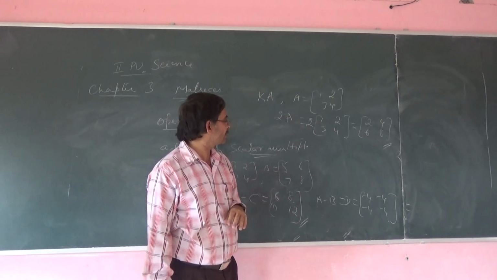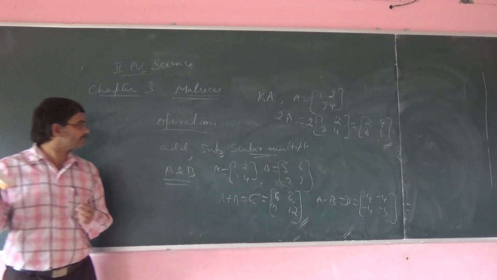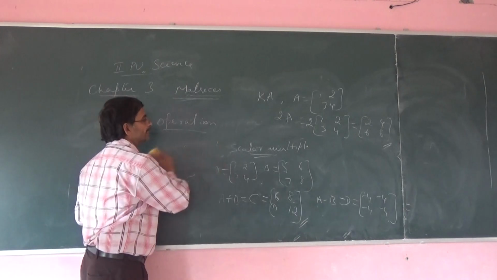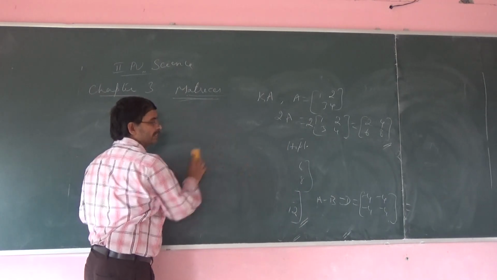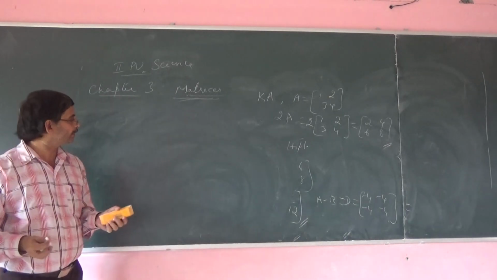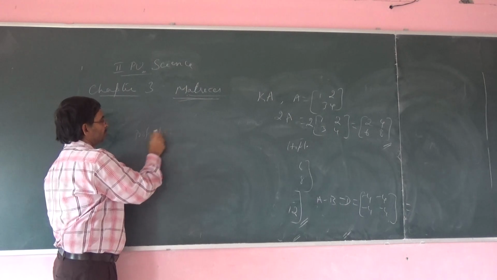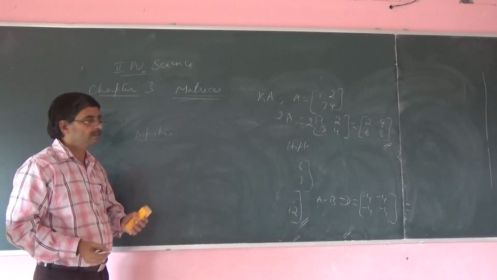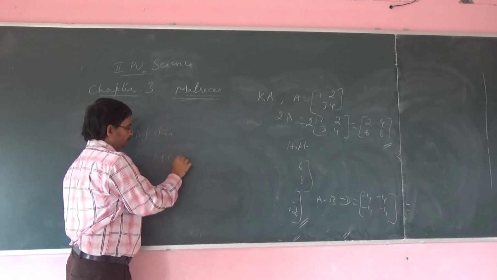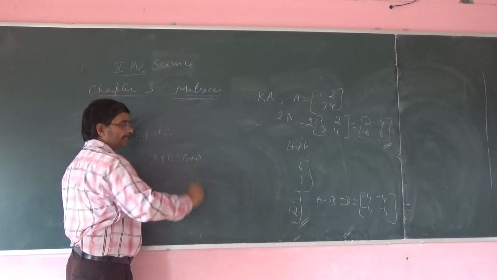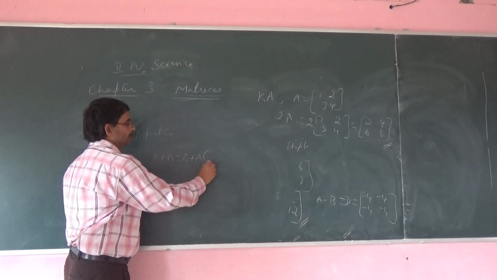Then some simple properties of operations like addition. For addition, A plus B equal to B plus A. This is called the commutative property.